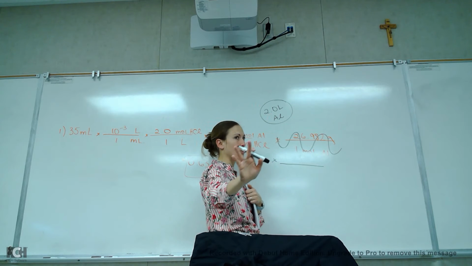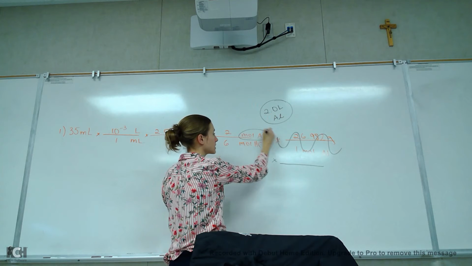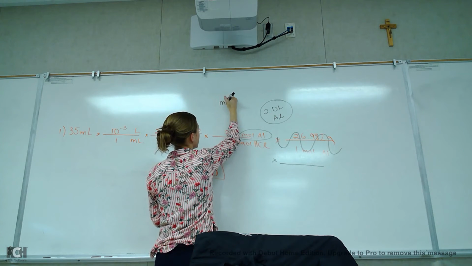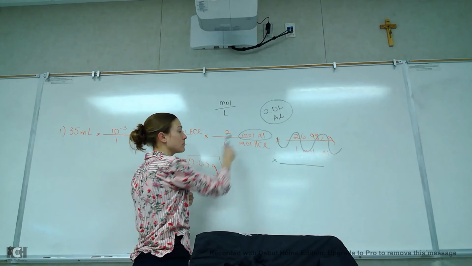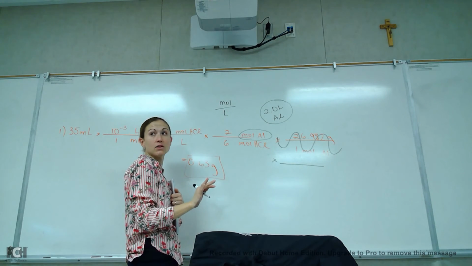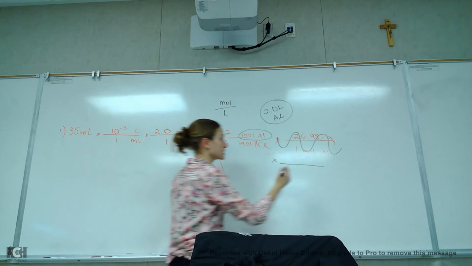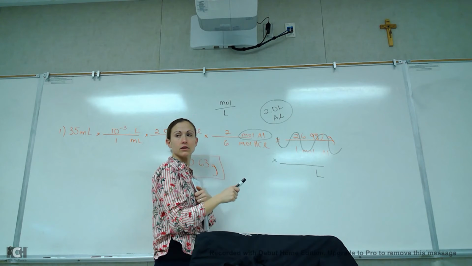I want to stay in moles. I like my moles. Keep my moles. I'm asking for concentration, so I want my unit to be moles per liter. I'm already in moles, so leave it alone. What unit should I put on bottom? Liters. Because then that'll be moles per liter.